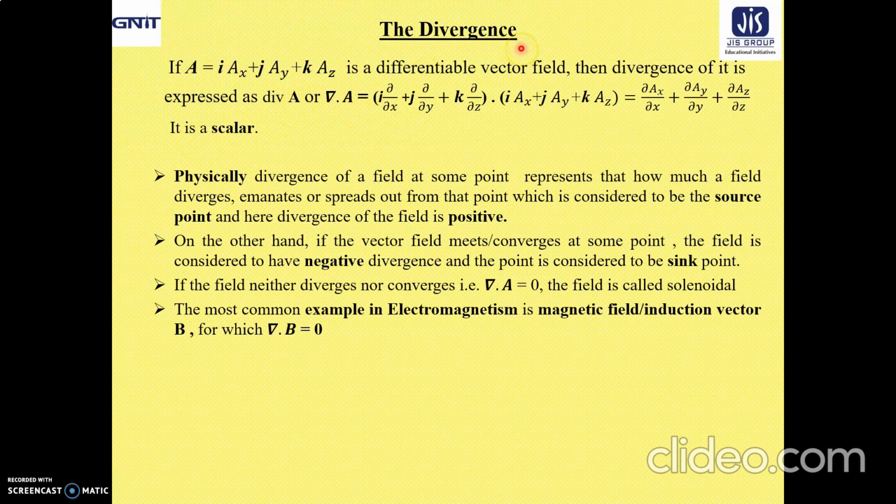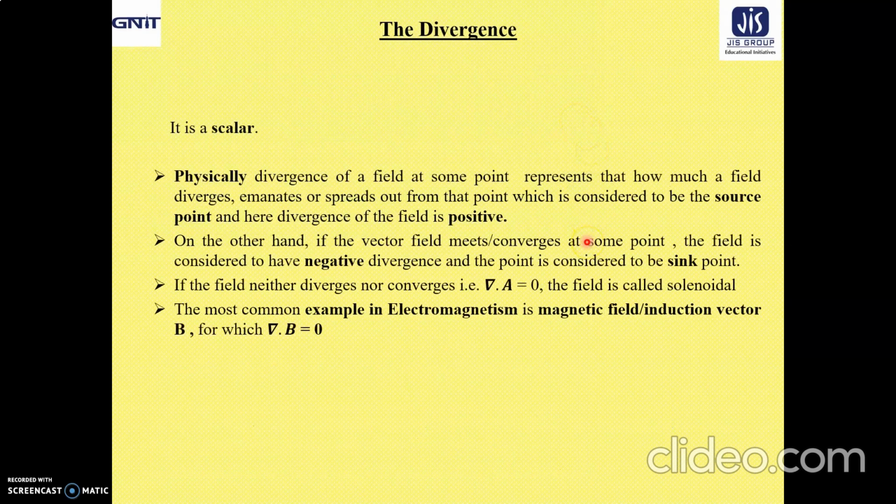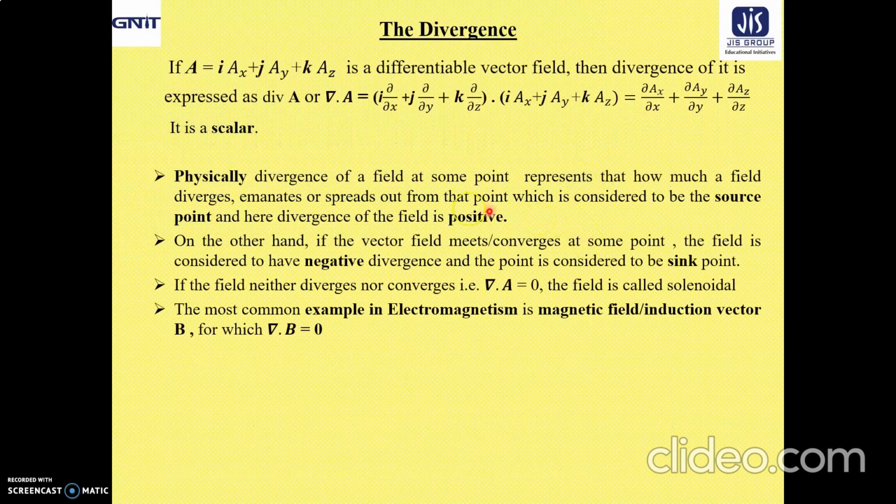So in divergence, we take the dot product between del and the vector field, and the net result is a scalar. In the case of the gradient, we took the del operator on phi, the scalar, to make it a vector. So this is a basic difference.